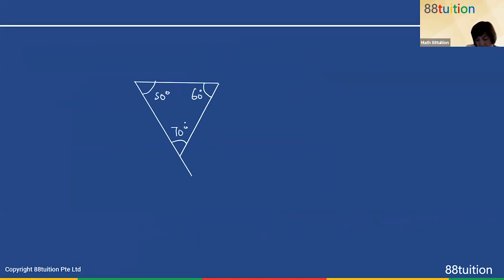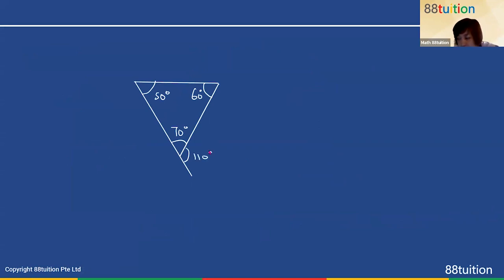Okay, now there is one last thing that I want to show you, which is this triangle. We call it the exterior and interior angle. I want to give an example. When this is 50 degrees, this is 60 degrees, this is 110 degrees.